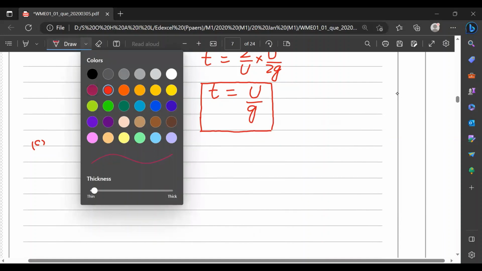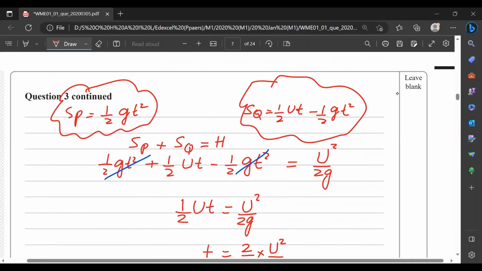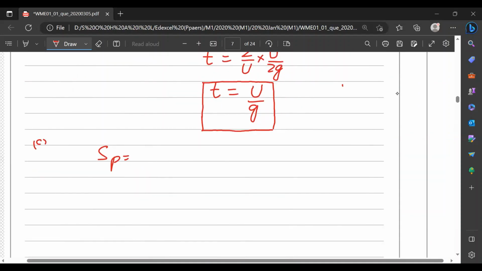Now, using SP, this is a short expression, 1 over 2 gt square.